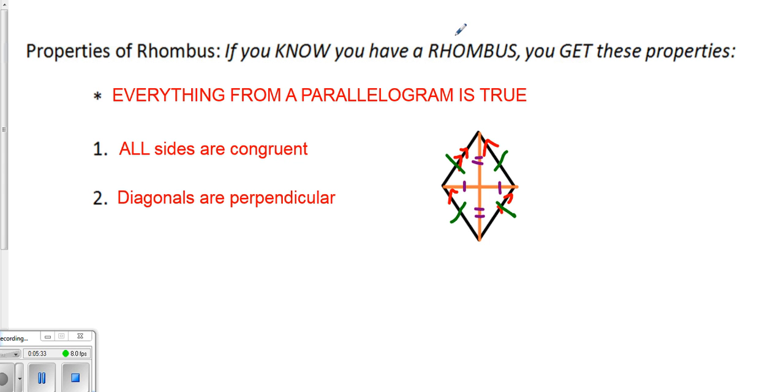We know that's true because they're a parallelogram. What else can we say? Well, these bisect each other at a 90-degree angle. So all of these are right angles as well. The diagonals are perpendicular to each other. So again, if you know for sure it's a rhombus, each and every fact of a parallelogram has to be true, plus these two facts as well.